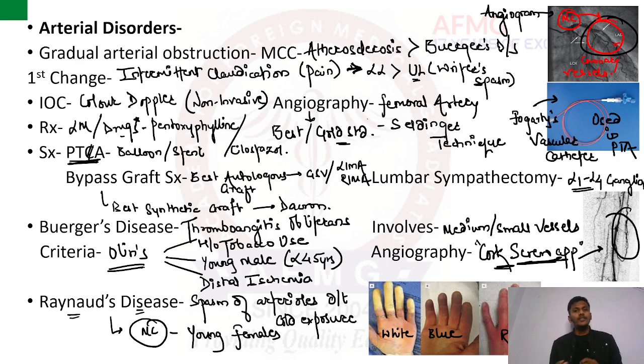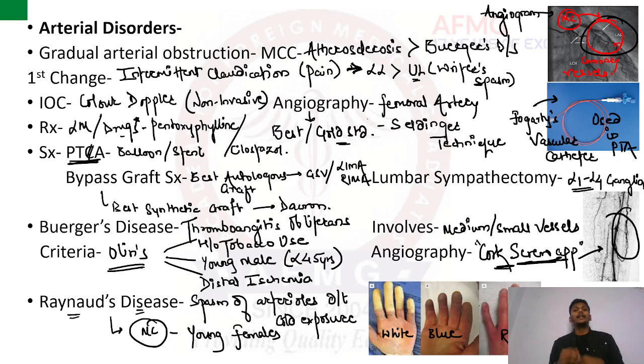Further, as the patient progresses with the arterial obstruction, the patient will experience features like coldness, numbness and paresthesias. In the lower limbs or upper limbs, wherever there is the arterial obstruction, the patient will feel that the extremities are cold, they are numb, he cannot feel any sensation, and he'll experience paresthesias.